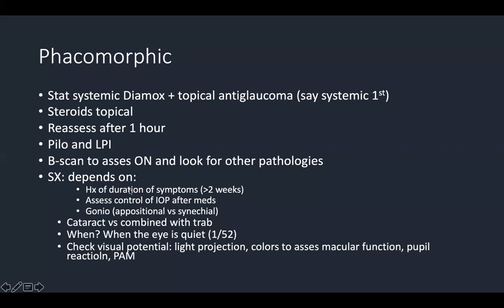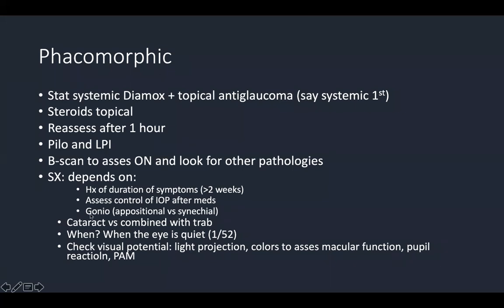Usually they don't go deep into surgical options, but you have to keep in mind that you have two options. It's either cataract surgery alone, especially if the patient presented early, usually within 2 weeks from the initial symptoms, or if you could see on gonio that it was clear and there were areas of appositional closure, they will respond to cataract surgery alone.